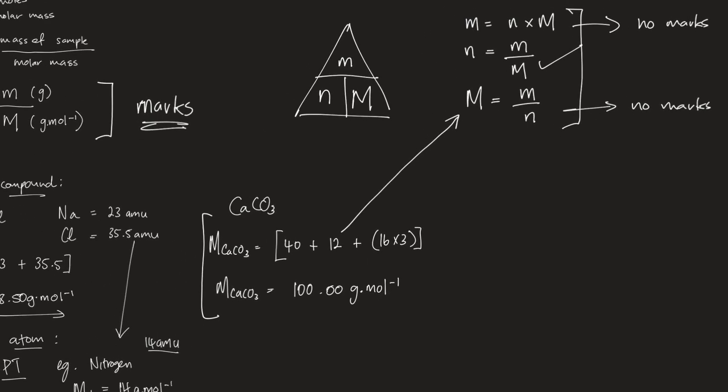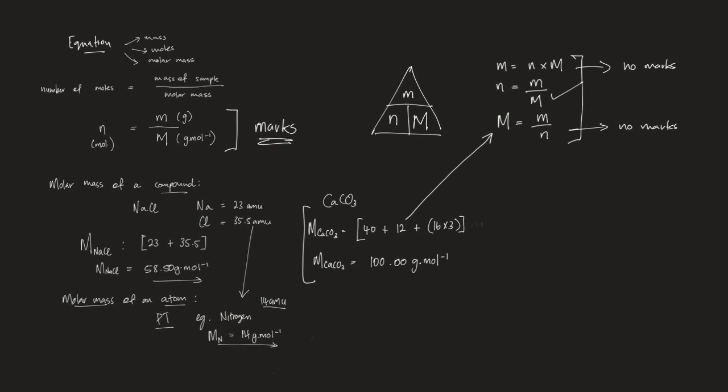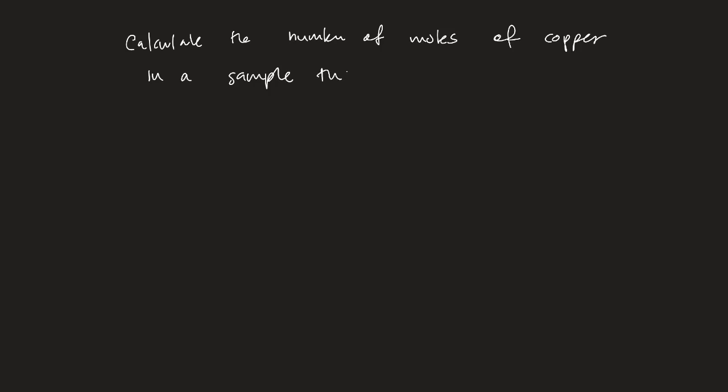So, for example, what they could give you, they could say, calculate the number of moles of copper in a sample that has a mass of 127 grams.